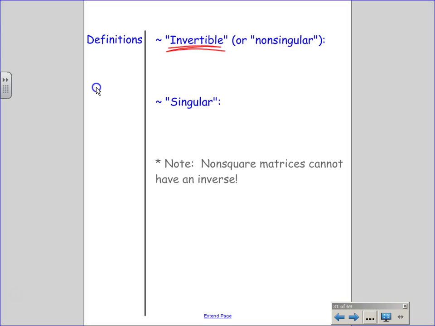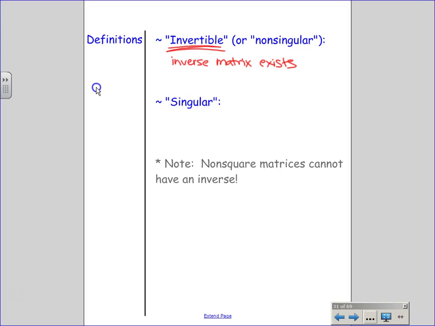From a roof over your head to a non-roof over your head. Invertible: able to be inverted, AKA the inverse matrix exists. That makes sense, right? Convertible, able to be converted. Invertible, able to be inverted. The inverse, A inverse, exists.